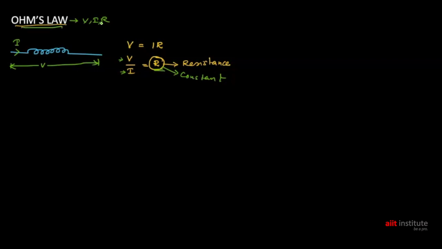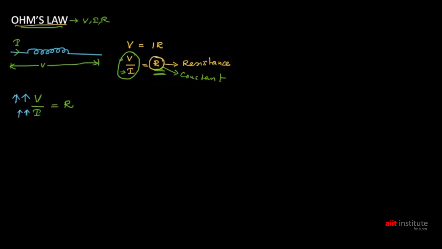We need to check whether the ratio of voltage and current through a material is a constant value, which means V by I equals a constant resistance. If we double the voltage, the current also will double. If we triple the voltage, the current must also triple.